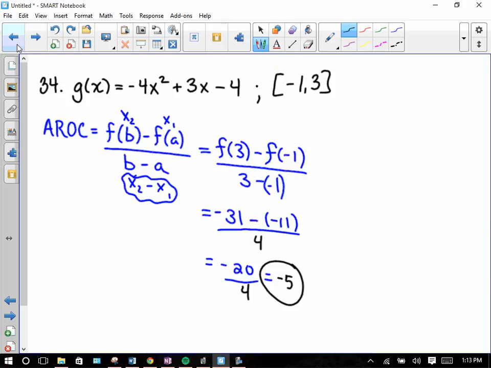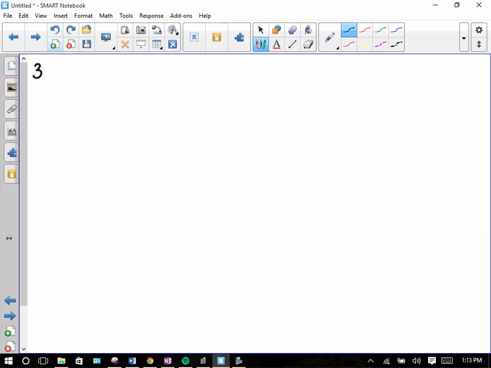36 is f of x is equal to 3x cubed minus 2x squared plus 6, and it is over the interval 2 to 6.